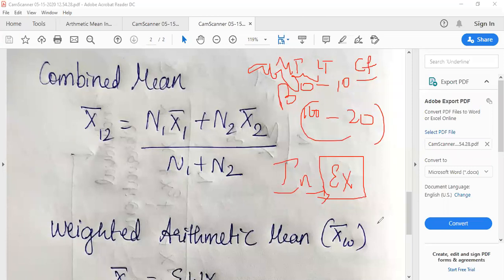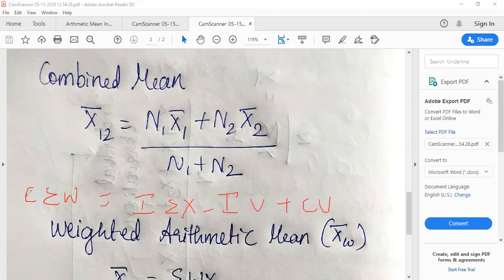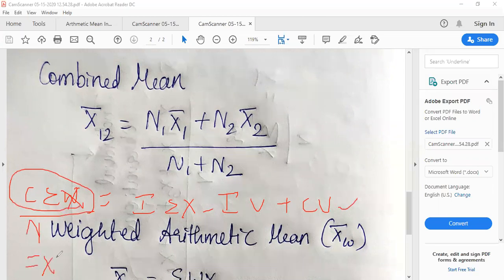Correct sigma x is equal to incorrect sigma x minus incorrect value plus correct value. This is only for BBA students. Use this formula to find correct sigma x, then divide the correct sigma x by n, and you will get the correct arithmetic mean.